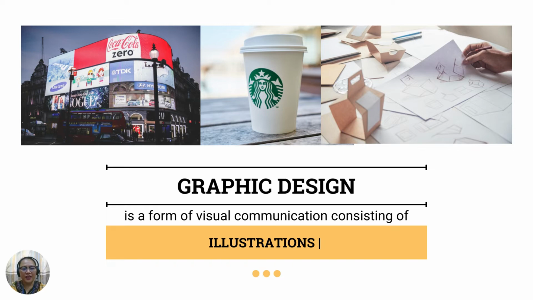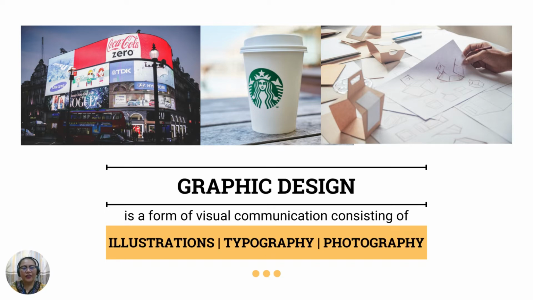Okay, so graphic design is a form of visual communication that consists of illustrations, or digitally or hand-drawn images, typography or text or words, and photography, or photographs. So we use these three visuals: illustrations, typography or text, photography or photograph, to communicate to a target audience visually.